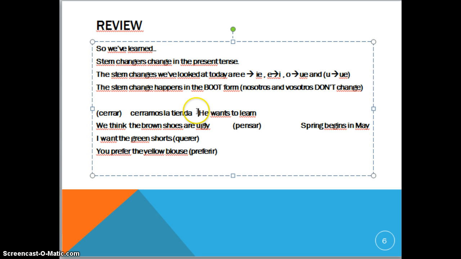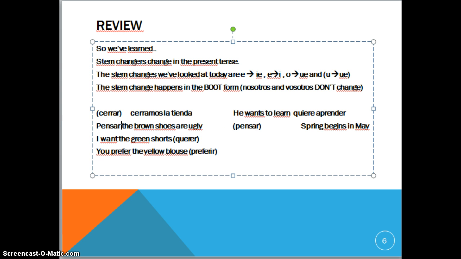Okay, he wants to learn. To want is querer. I'm going to change the E to an IE, quiere, and to learn, aprender. Él quiere aprender.